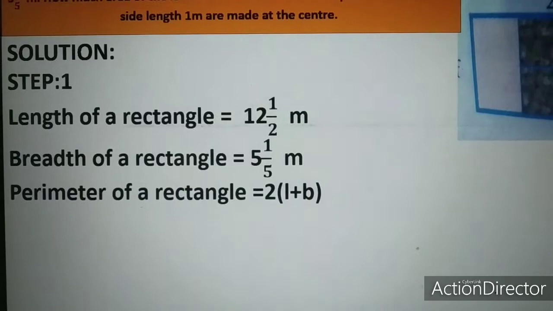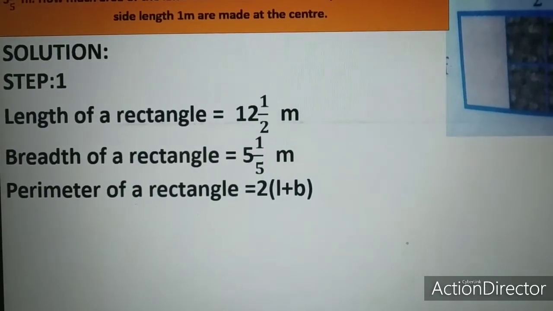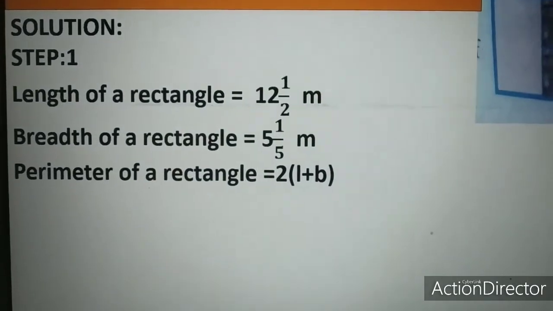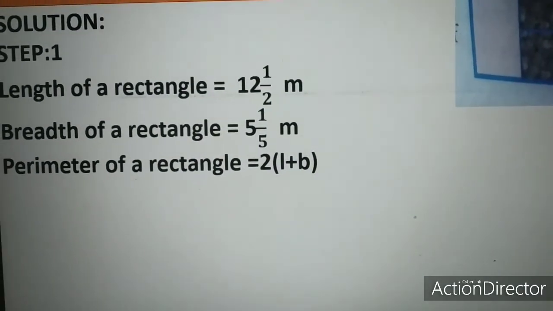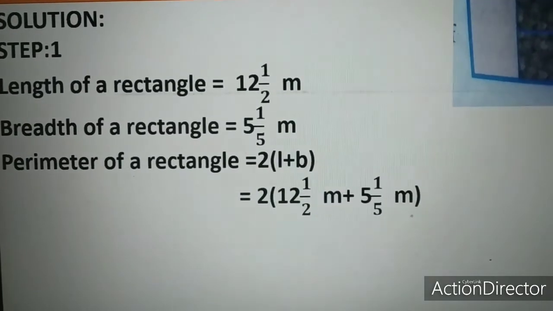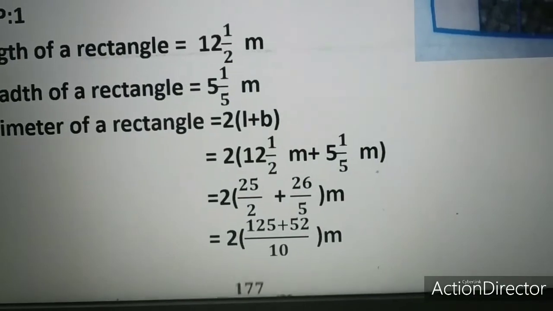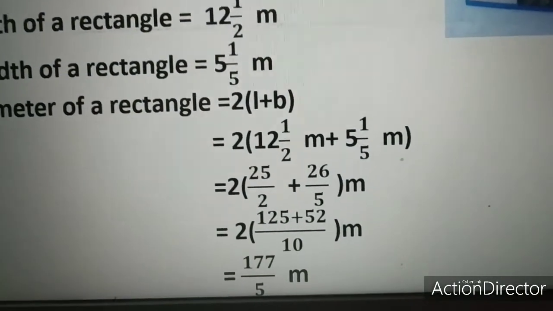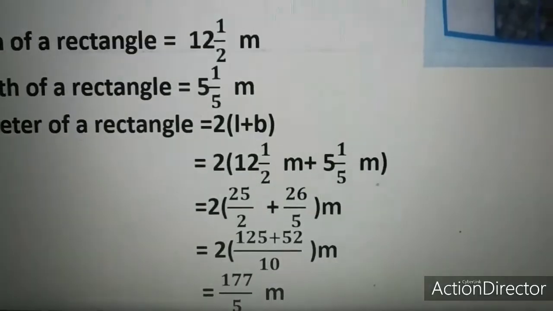Now you find the perimeter of a rectangle, because in the question it is asked to find the perimeter and area. Its formula is 2 into length plus breadth. Put the values of length and breadth. We will get the answer as 177 upon 5 meter.